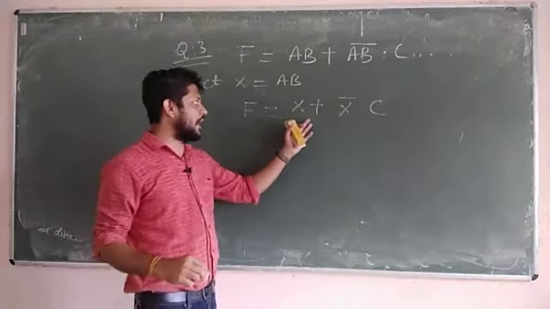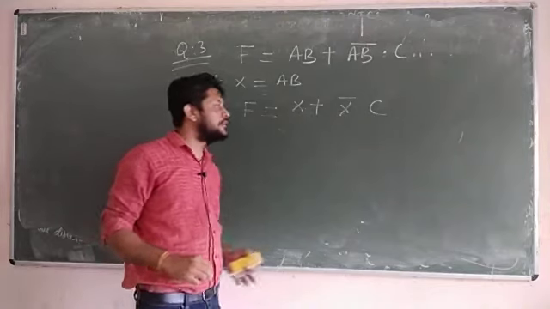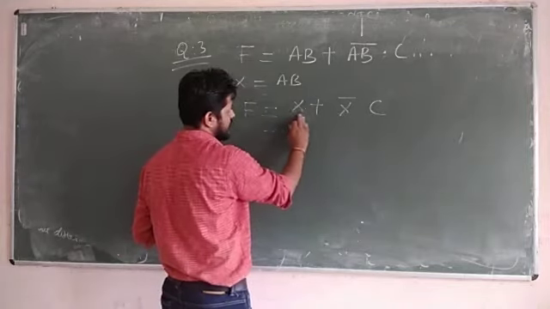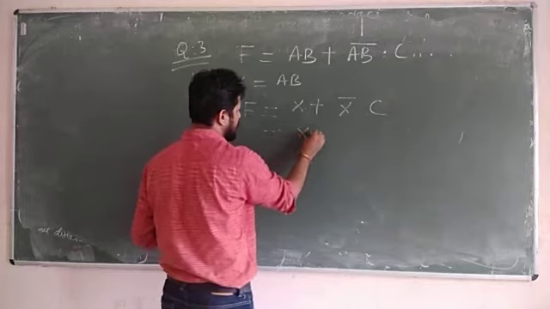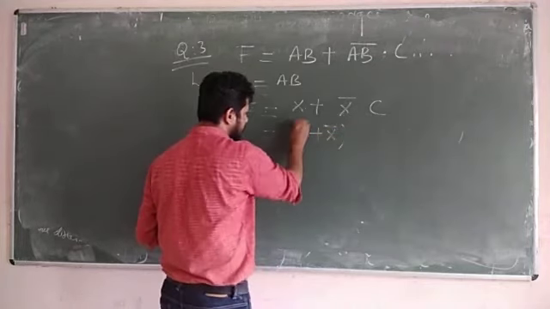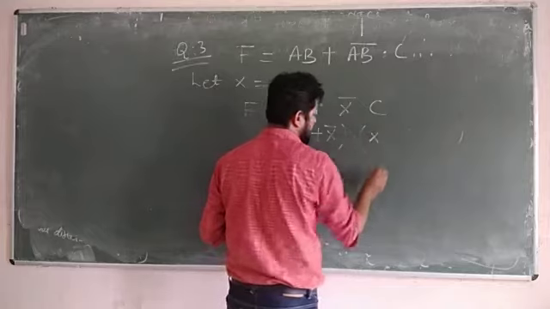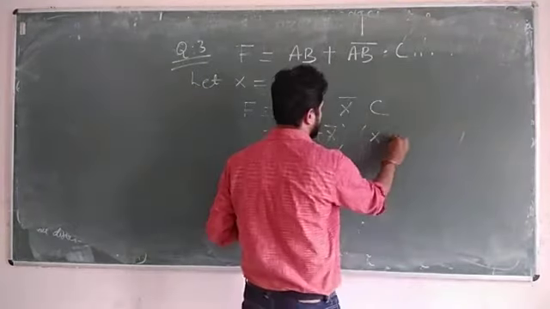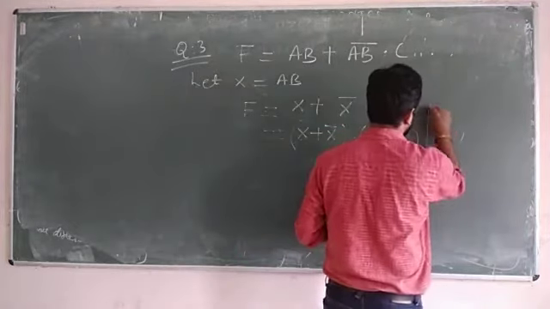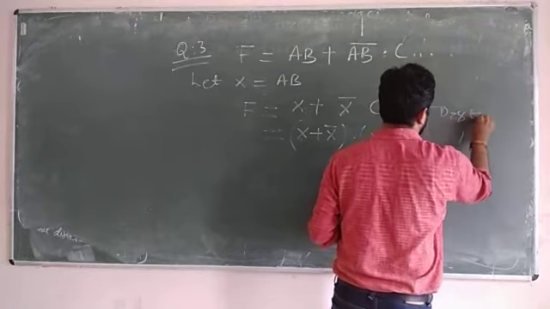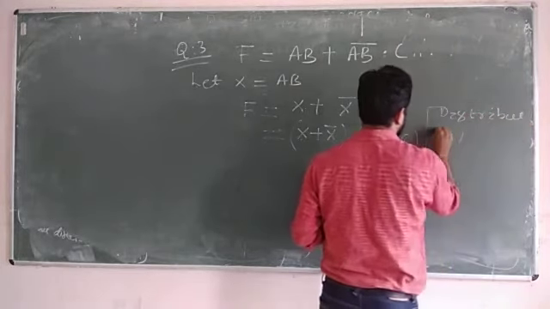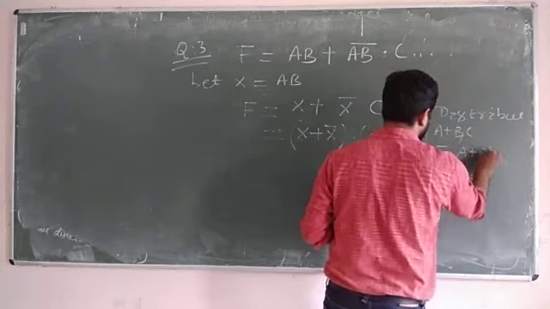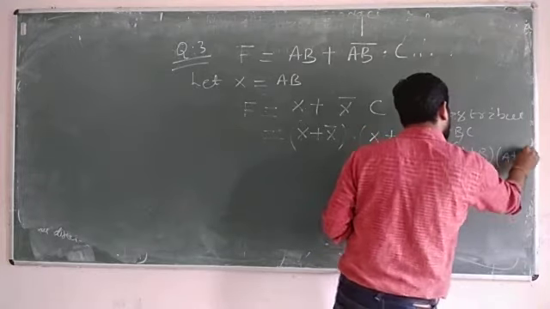You have already studied the absorption law, that is A or A complement B. From that, you can apply your distributive law. If x or x complement c is given, you can write (x or x complement) and (x or c) from your distributive law. This law is very important: A or BC is equal to (A or B) and (A or C).